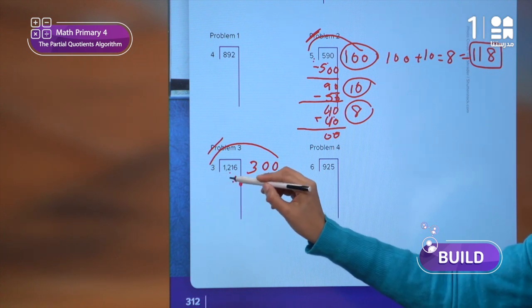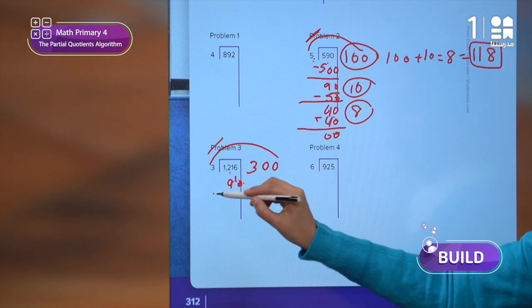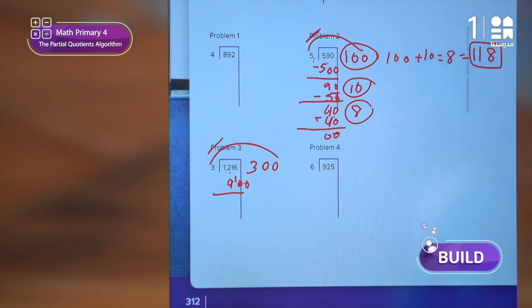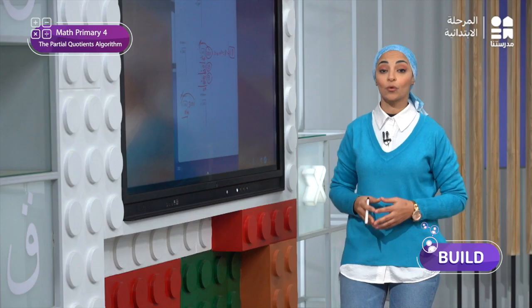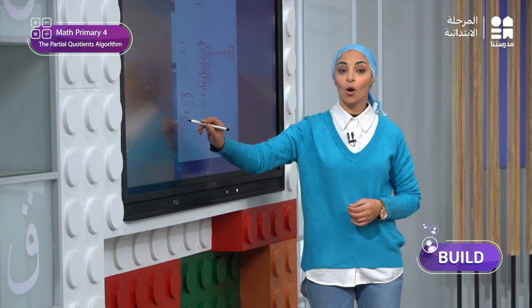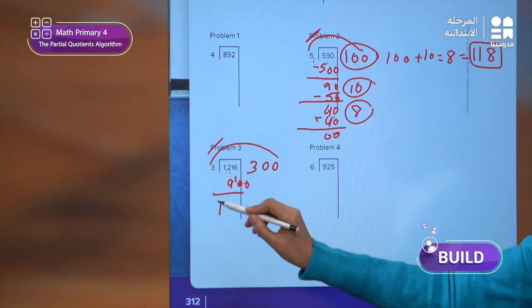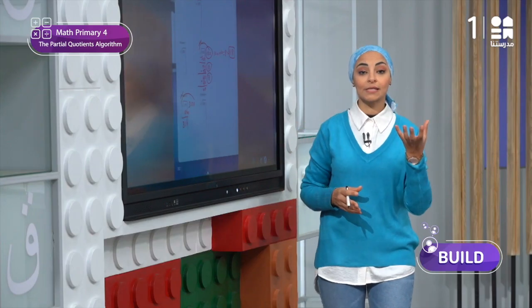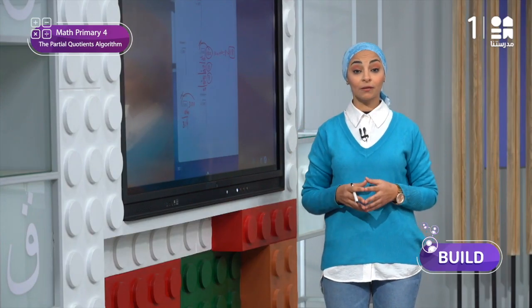Okay, as you see here, 900. And I will do subtraction. So 1216 minus 900. The answer will be 316. Then we need to think, is 316 a multiple of 3?